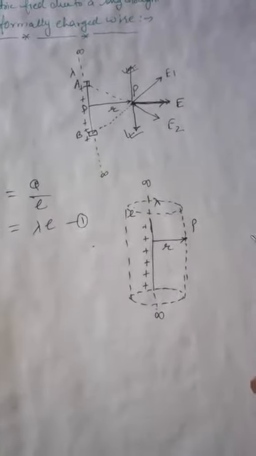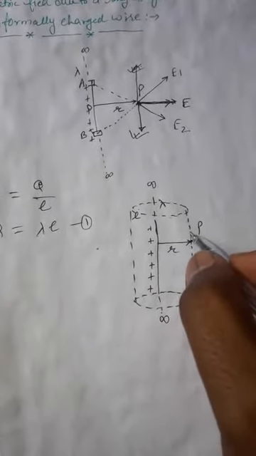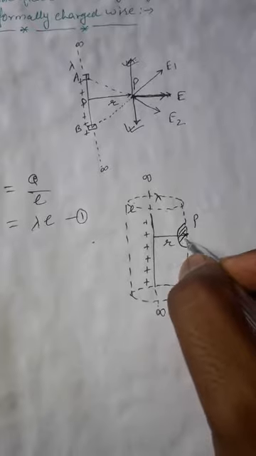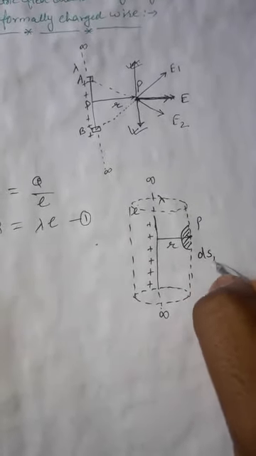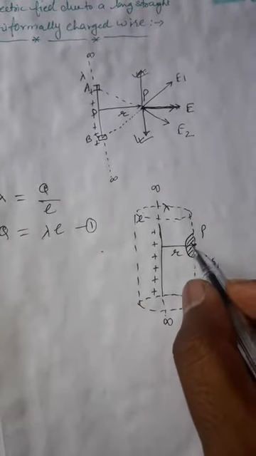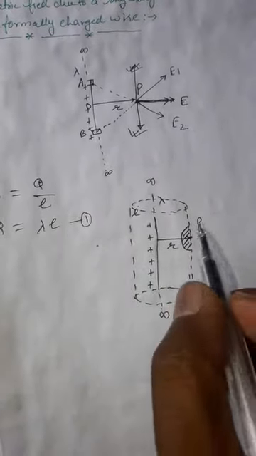Now consider a small area element at point P, or in the surrounding of point P. This area element is ds1. Let this small element be a small portion of the curved surface area of the cylinder.